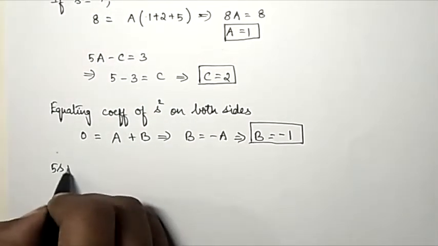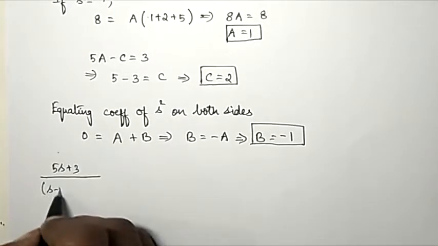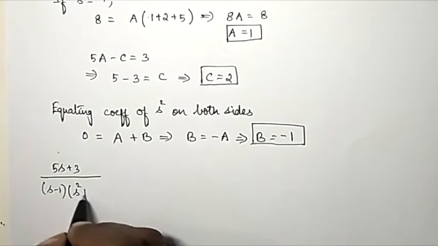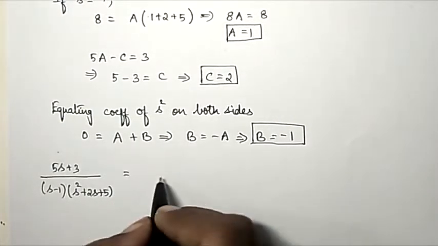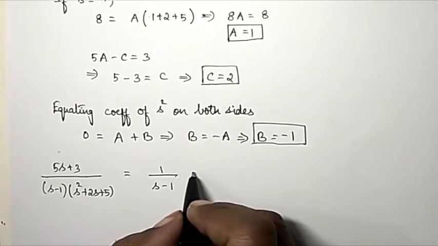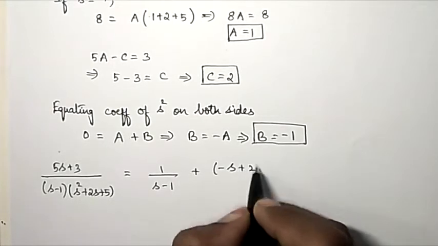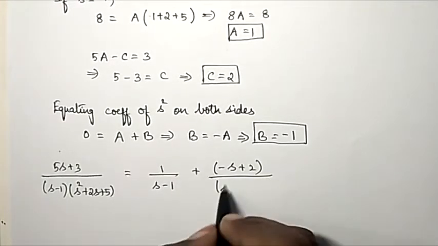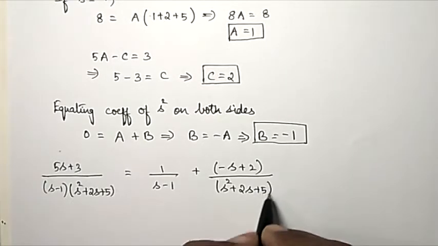So (5s plus 3) divided by (s minus 1) into (s square plus 2s plus 5) is equal to 1 by (s minus 1) plus, B value is minus 1, so minus s, plus 2 divided by (s square plus 2s plus 5).